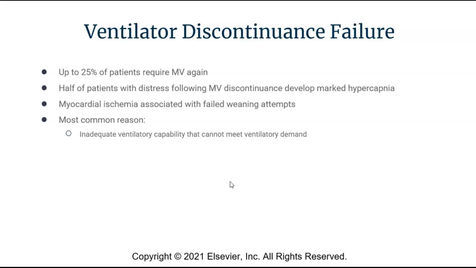Patients who have an inability to wean, that can sometimes be attributed to psychological dependence. You've been on the vent, it's been helping you, and you feel like you can't do it without it.